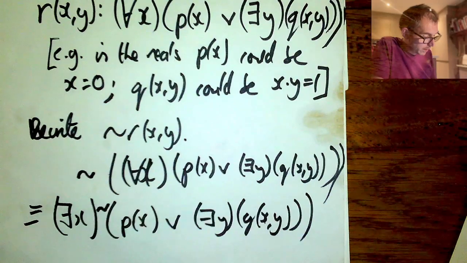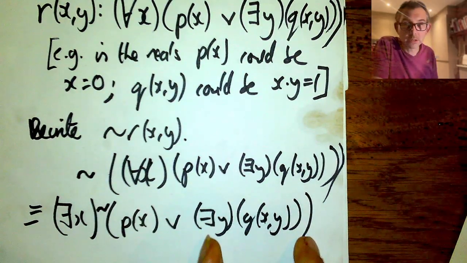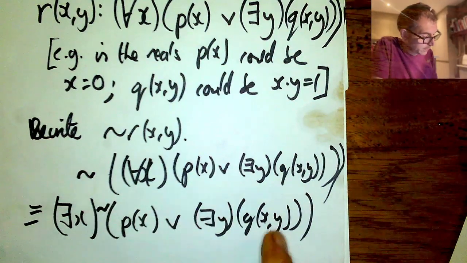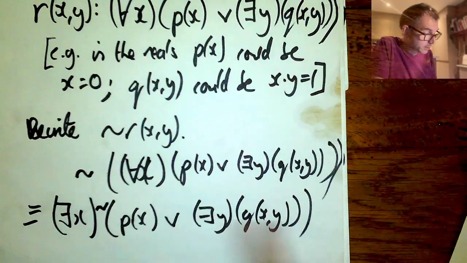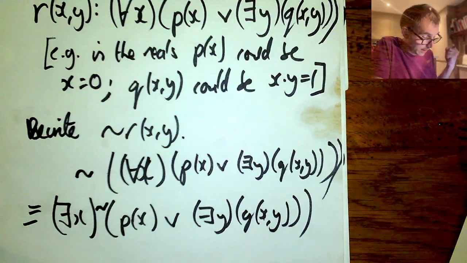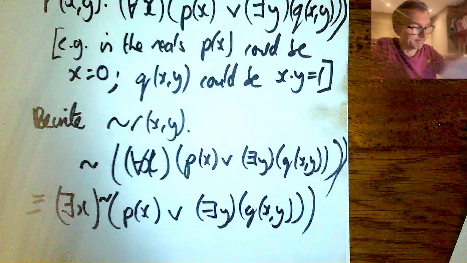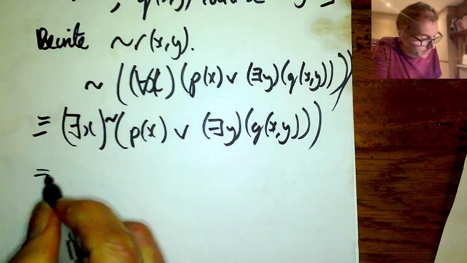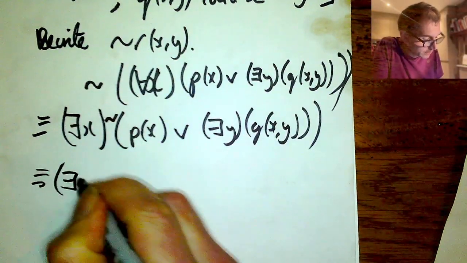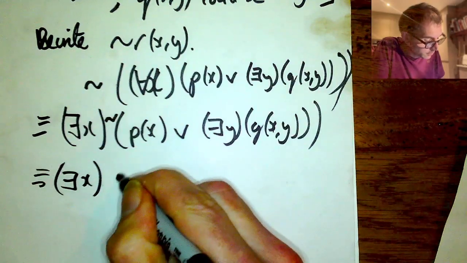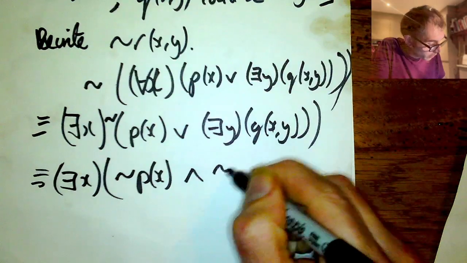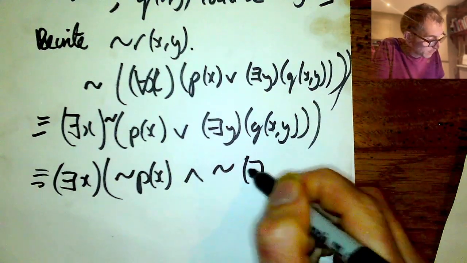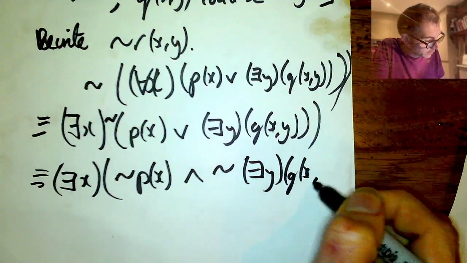Okay, right, so I've got a predicate or another predicate. So I know how to work with those. I take not of each of them and swap this over for an and. So if neither of two things are true, then they are both not true. So this is equivalent to there exists an x such that not P of x and not of this, there exists y such that Q of x, y.